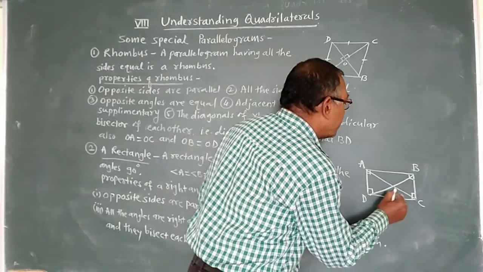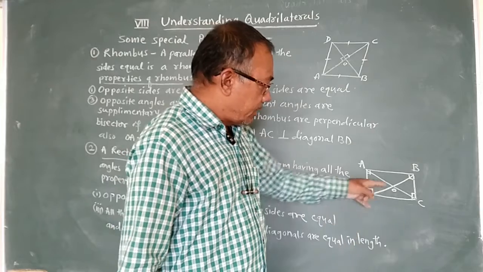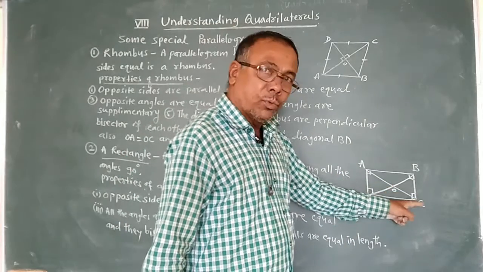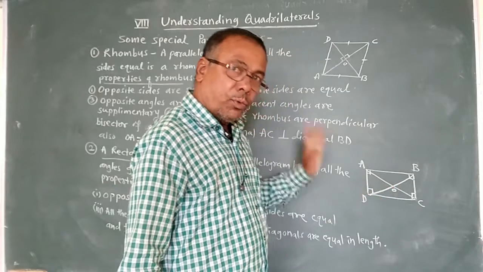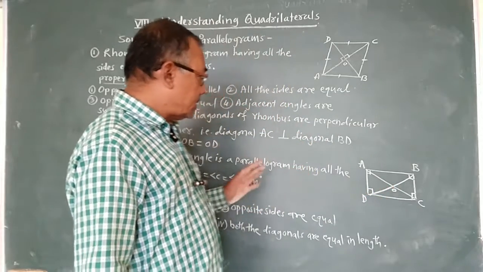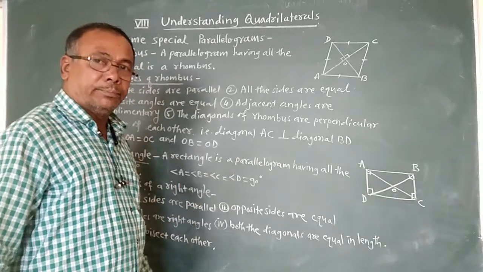And therefore, if O is the point of intersection of both the diagonals, then OA is equal to OC and OB is equal to OD, and these are the properties of the rectangle.